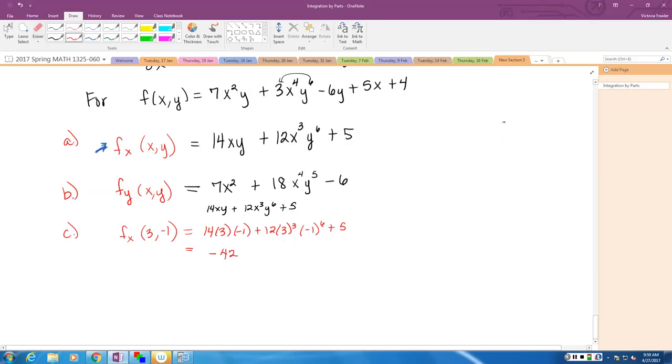Then I've got 12 times 27. 324. And then plus 5. So what does it come out to be? 287? Okay, and that's the answer that we want.